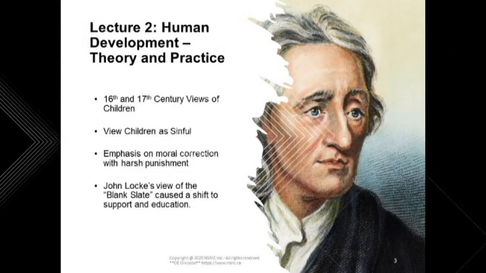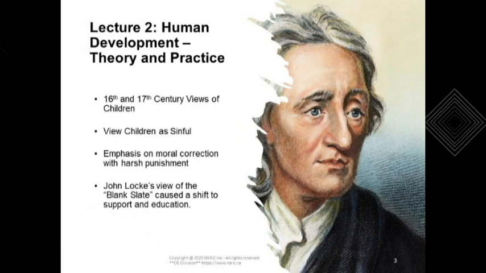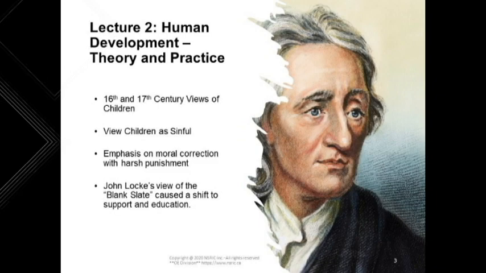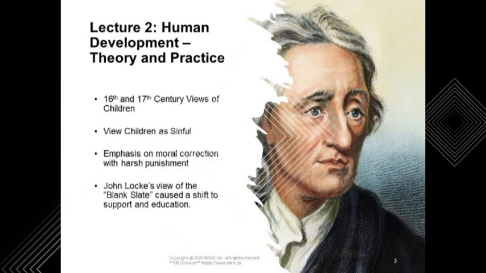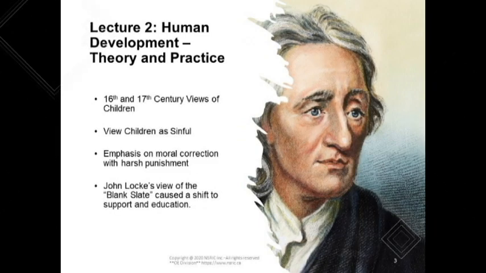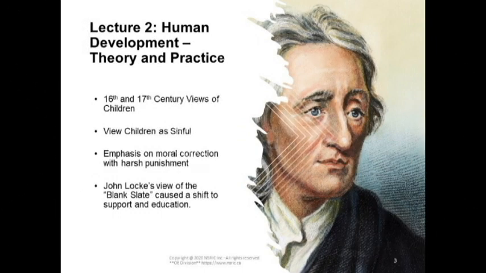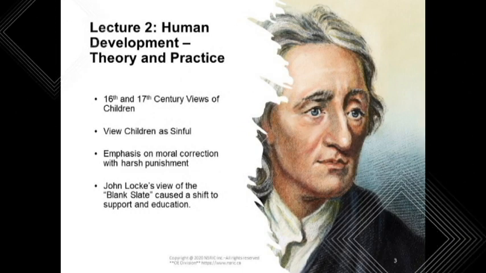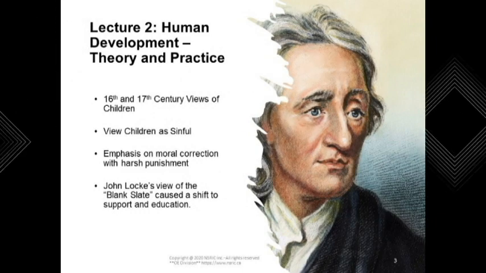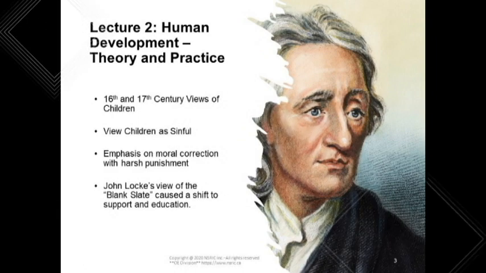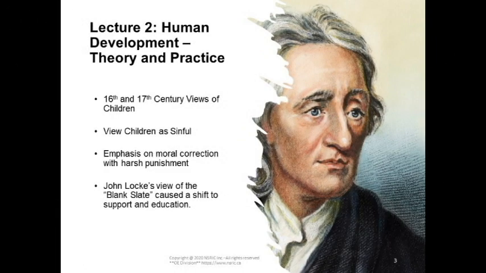Now, these historical examples of children being devalued and exploited during these centuries really underscore the importance of understanding the progress made in recognizing children's rights and protecting their well-being. It serves as a reminder of the ongoing struggle to establish appropriate labor standards and safeguard the welfare of children.